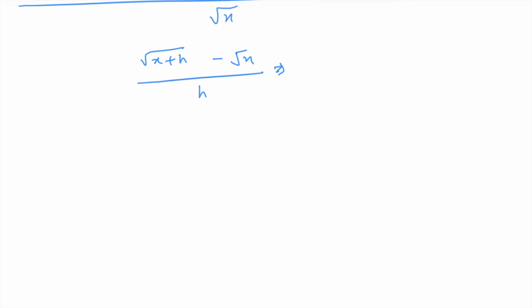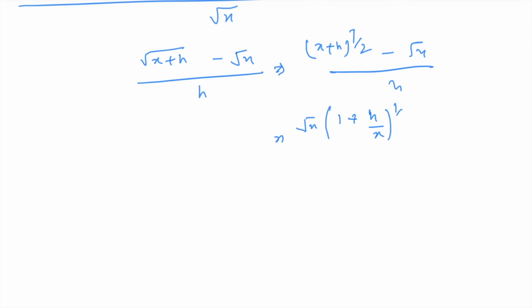How would we expand this? (x plus h) to the power half minus under root x upon h. We can take the common. Under root x could be the common, and we'll have 1 plus h upon x, power half, minus under root x, upon h.